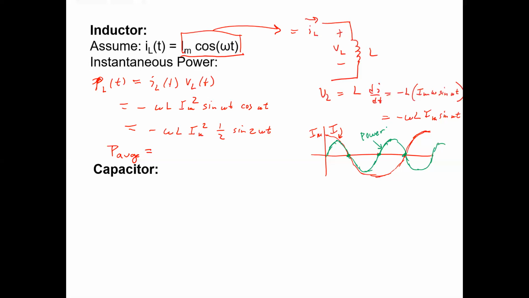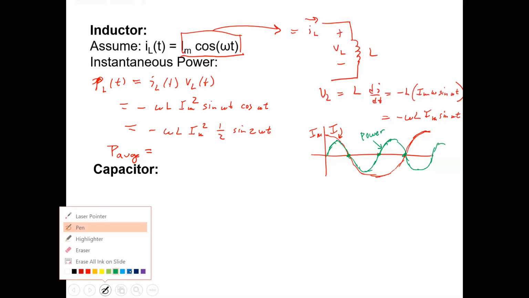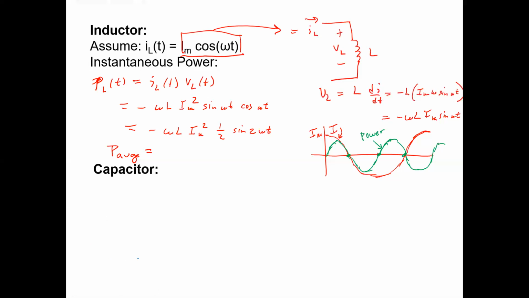And similarly, for a capacitor, IC equals C dV/dt, and that's going to equal minus C times Vm omega sine omega t, so it equals minus omega C Vm sine omega t.